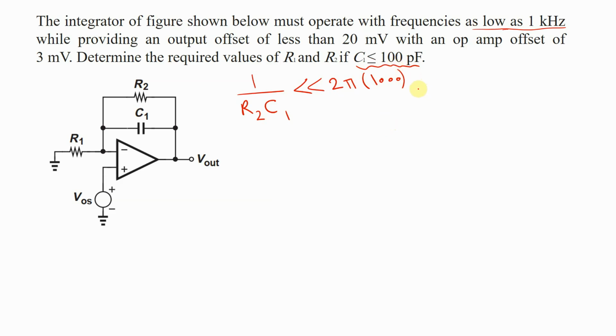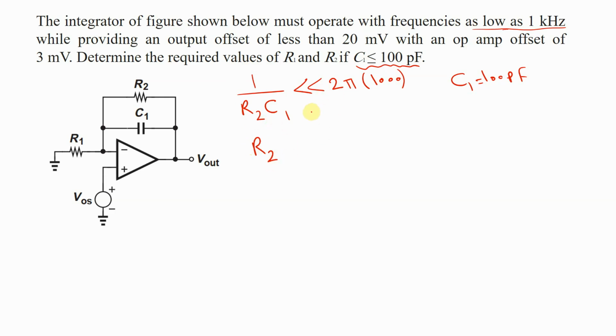By choosing C1 as the exact number, 100 picofarad, you can determine the minimum value for R2.